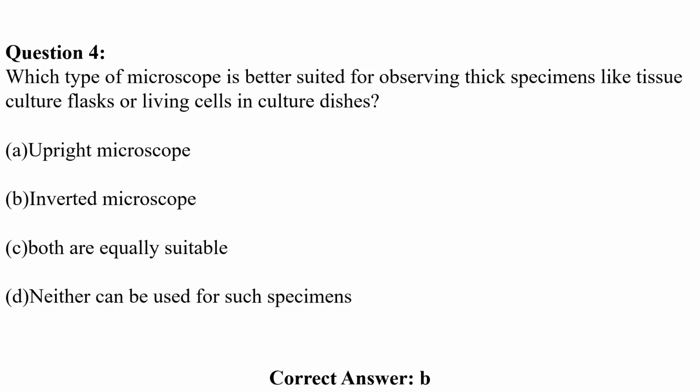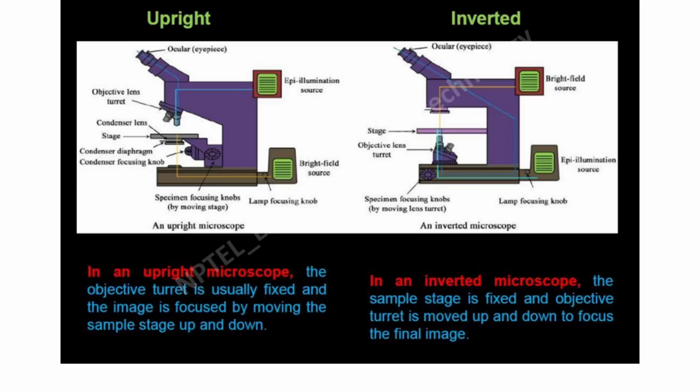In the category of light microscope, we have two types of microscope, upright and inverted. The whole principle behind both the microscopes is the same. You will have a light source that will illuminate your sample, and then there will be different lenses that will magnify the sample, and you can look into it through an eyepiece.